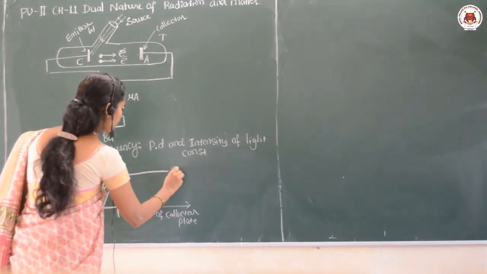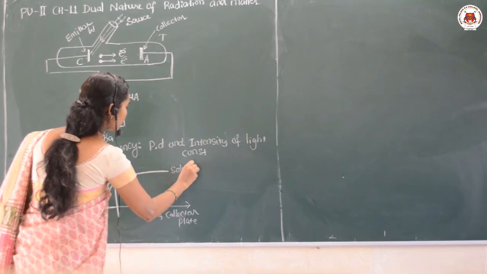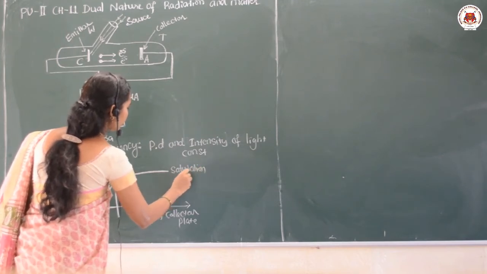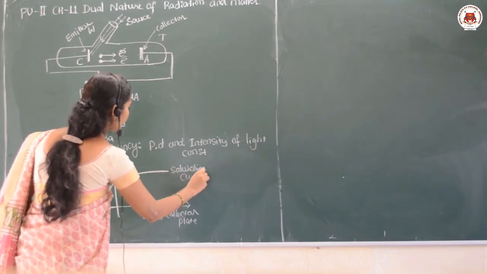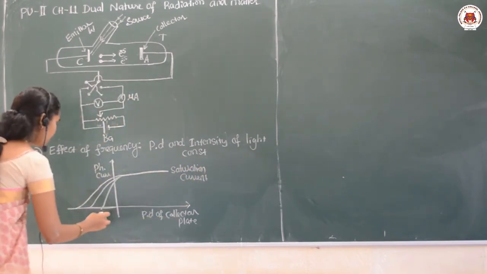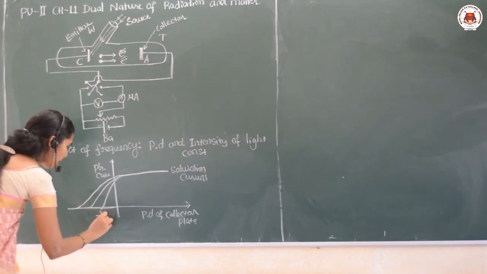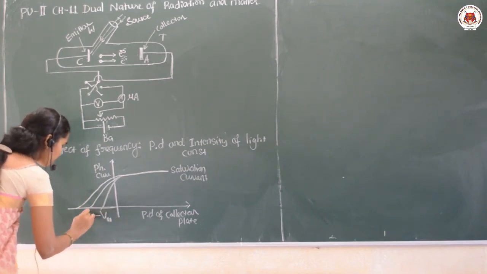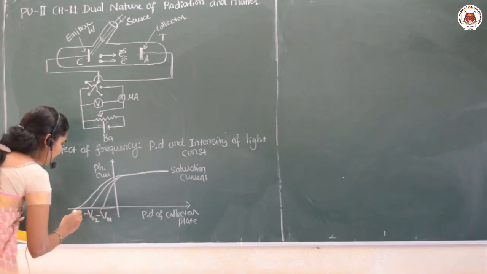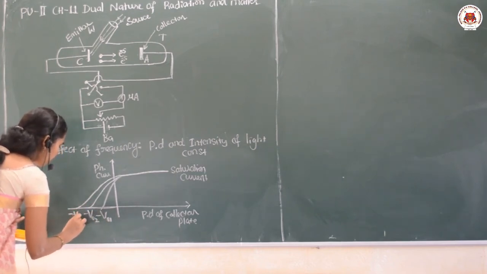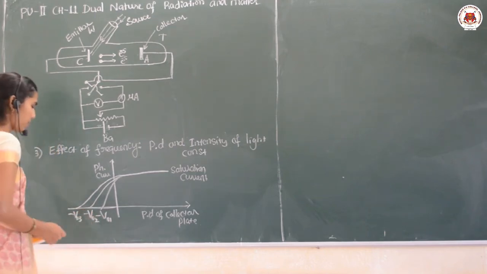So this is the condition of saturation current. And here I can write V01, that is V02, that means the second stopping potential, and here V03, that is the third stopping potential.